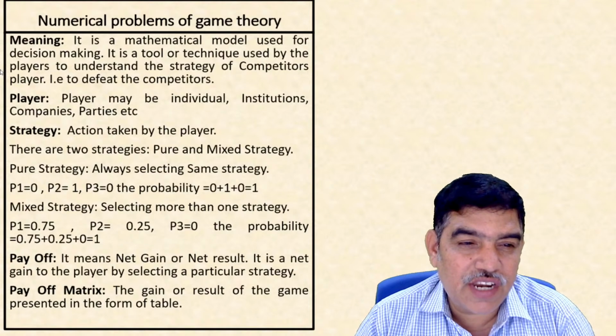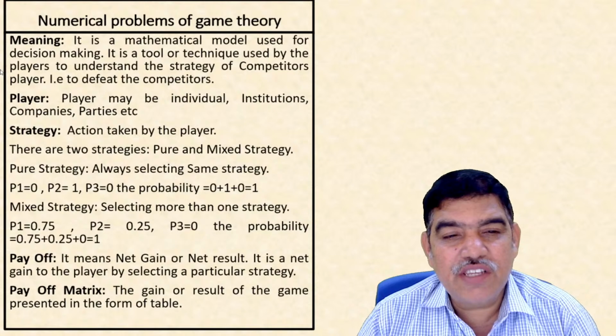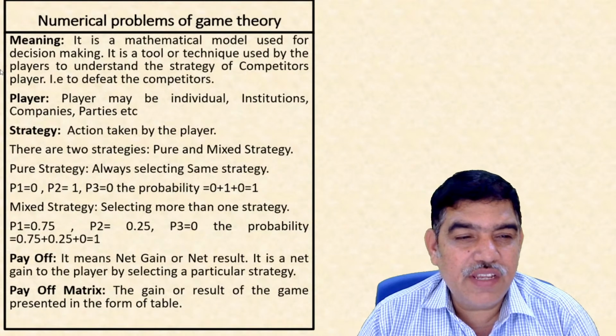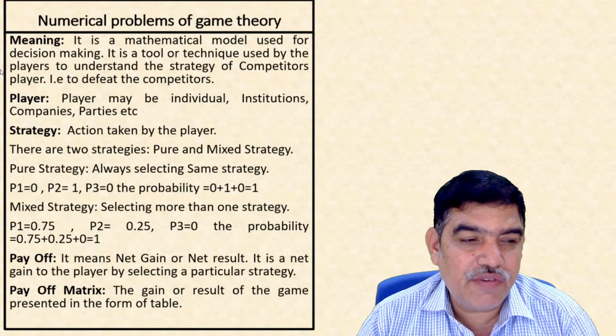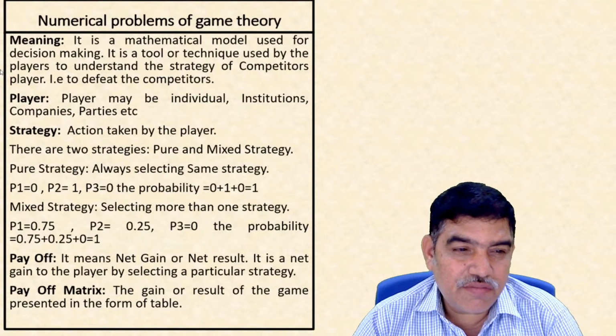So the probability of the second strategy equals 0.25, and the probability of strategy 3 is 0. Then the probability equals 0.75 plus 0.25 plus 0 equals 1. So this is known as a mixed strategy.